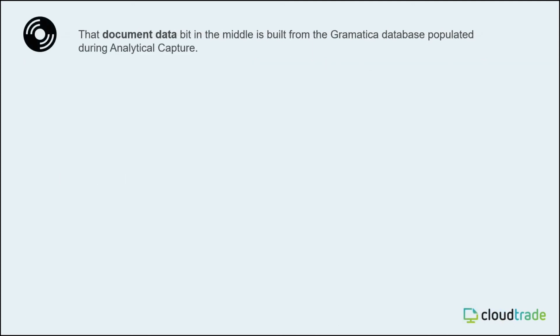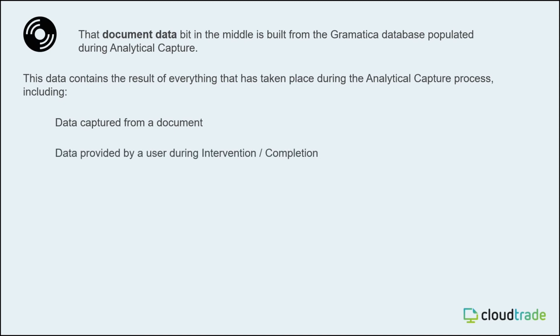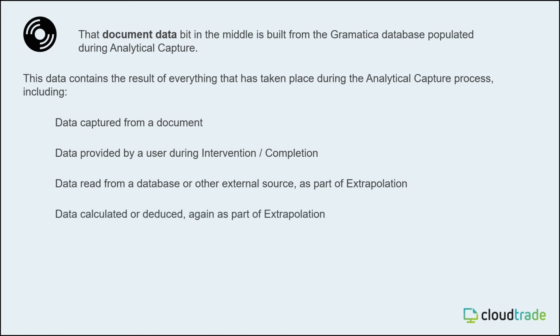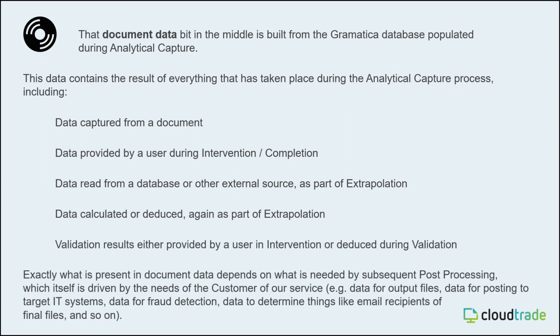This document data is built from the database which was populated by the rules, and it includes all the data that was captured and labeled and identified, the stuff that was provided by a user during intervention or completion, anything read from a database, anything calculated or deduced, and any results of any validation that our rule system passed on to us. Exactly what's present will be driven by the customer, because every time we bring a customer on, we go through a whole process of determining what validation they need, extrapolation they need, and so on.